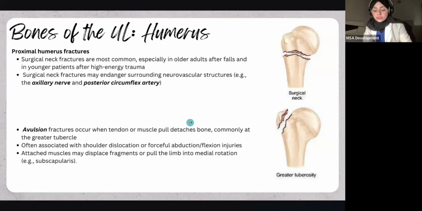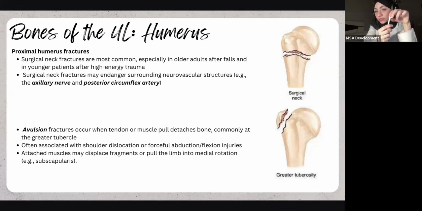Now, the humerus is prone to fractures. And again, when I tell you which neck is more common, you should always tell me it's the surgical neck, not the anatomical neck. Now, for the proximal humeral fractures, and again, we're going to learn it later on, very important structures pass by, which are going to be the axillary nerve and posterior circumflex artery. They're going to be very proximally wrapping around the surgical neck.